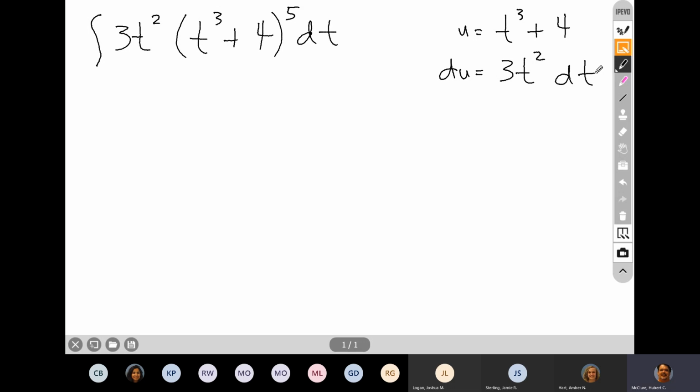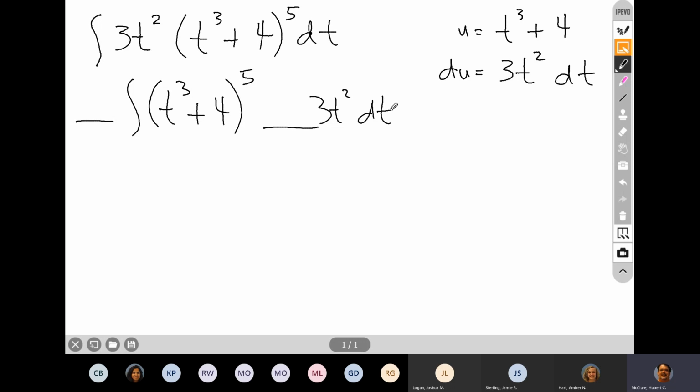So I'm going to rewrite blank, t cubed plus 4 to the 5th power, blank, 3t squared dt. Well, it looks like to me we've got what we need, don't we? So a 1 and a 1, and you don't need to put that there. I'm just showing you that I'm putting something where the blank was.